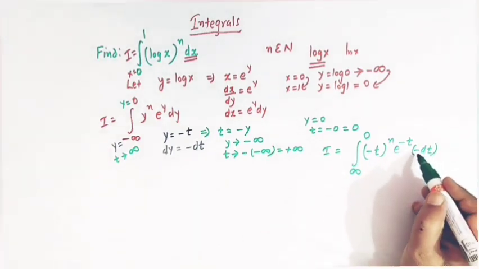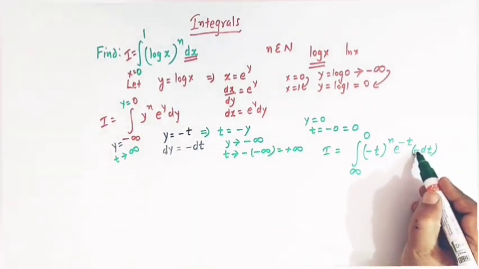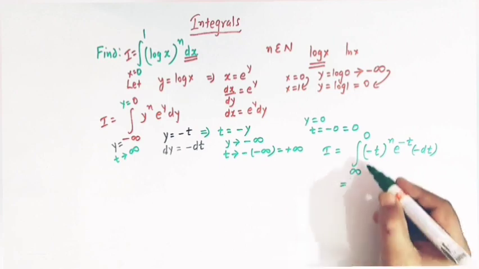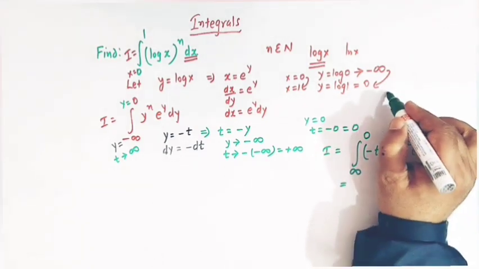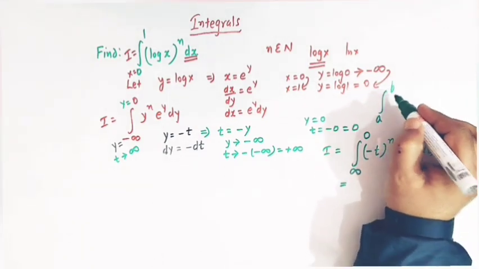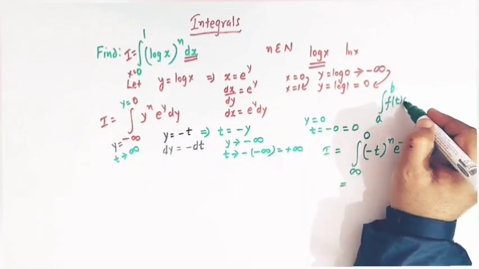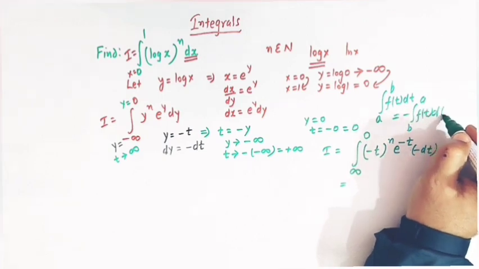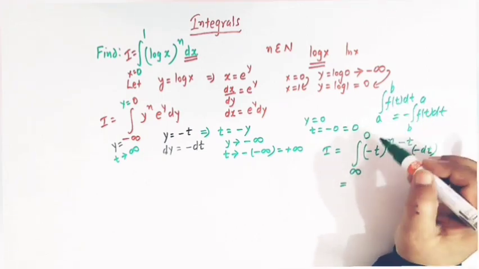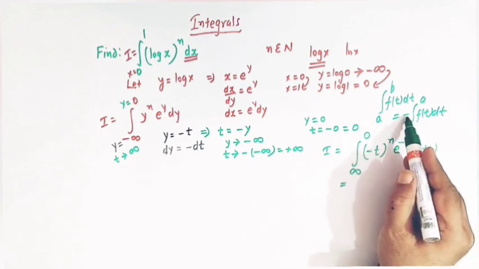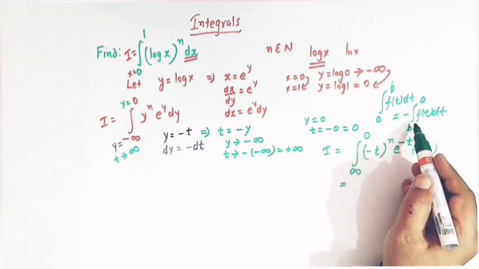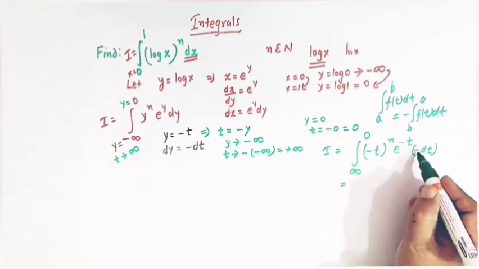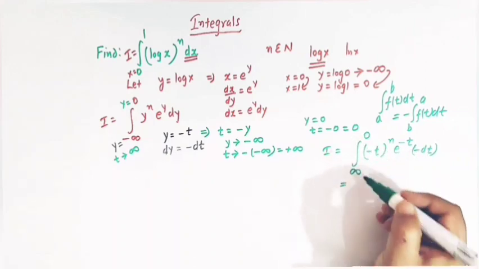To neutralize this negative sign, let us interchange the limits, because we know that the integral from a to b of f(t) dt is equal to negative of the integral from b to a of f(t) dt. So when we interchange the limits, we put a negative sign before the integral sign, and we can neutralize this negative sign by interchanging the limits.